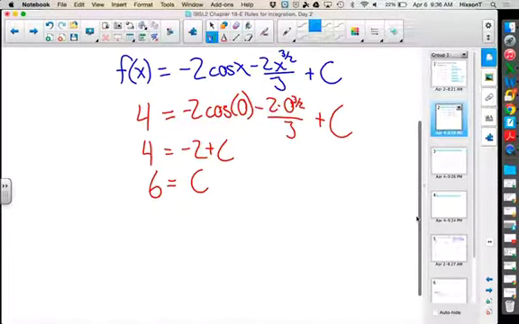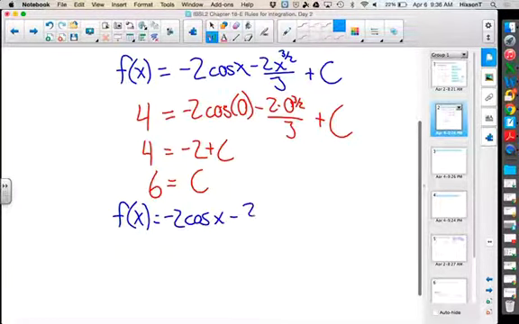Now we know that the function is f of x equals negative cosine of x minus 2x to the 3/2 power over 3 plus 6.